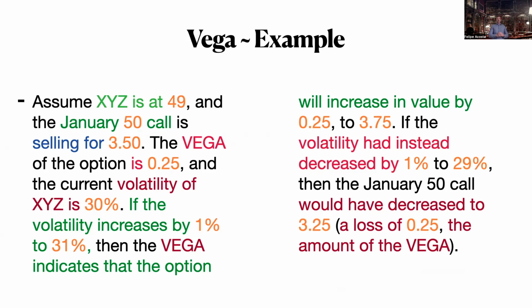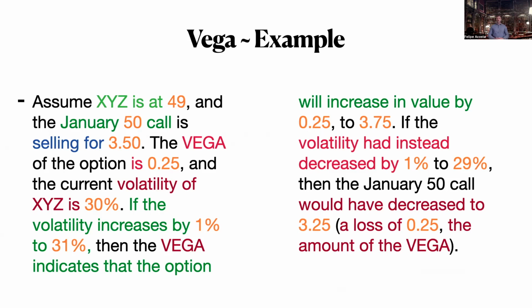So if volatility increases by 1%, going from 30% to 31%, then the Vega indicates that the option will increase in value by 0.25 to 3.75. So that January 50 call goes from 3.50, or $350, to 3.75, or $375, because it increased by the 0.25, which was the Vega.